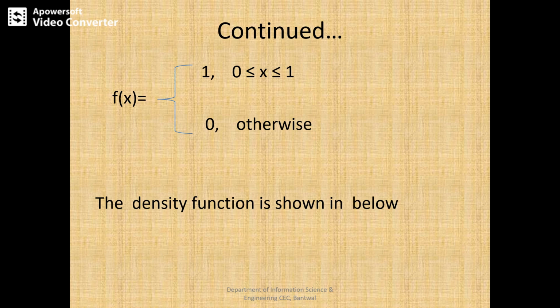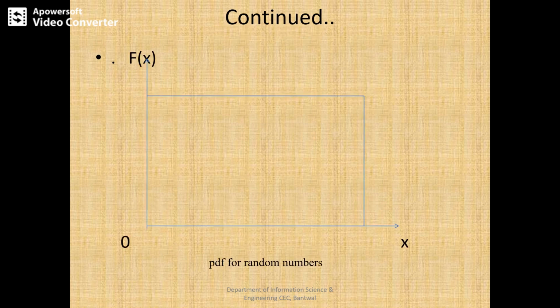The density function is shown below. So this is the usual density PDF of a random variable from 0 to 1 on the x and f of x axes. Next we find the expected value of this PDF.